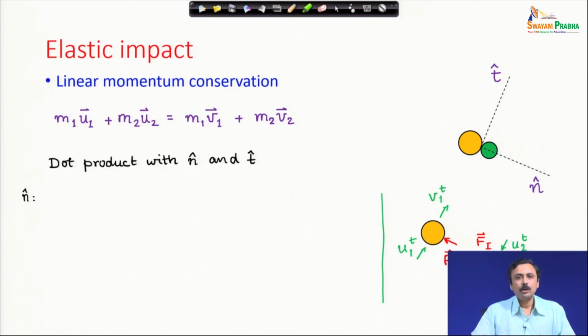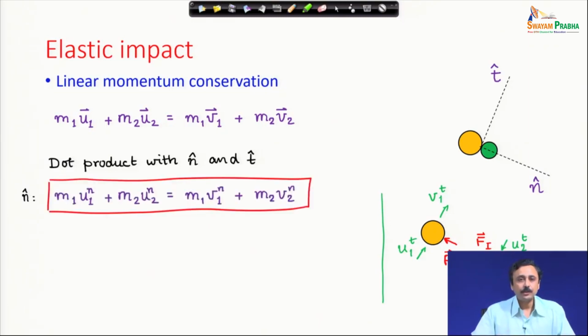Let us now look at the components of this linear momentum conservation equation in the two directions, normal and tangential. In the normal direction, how do I find out these components? I just take the dot product of this full equation with n cap. If I do that, u1 vector dot n cap is nothing but u1 in the normal direction.